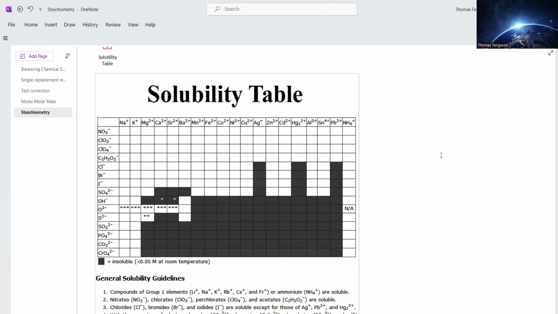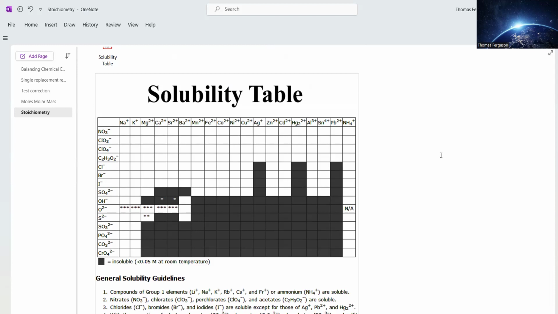The fancy word for solid is a precipitate. So for example, when we put sulfide along with iron, so we have iron sulfide, it's a solid. Potassium chloride, white, nothing happens when you mix it. That's all there is to it.